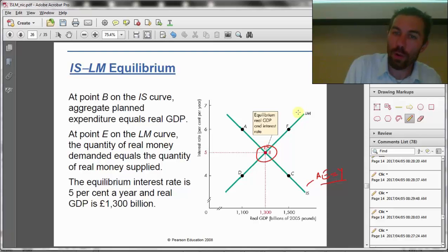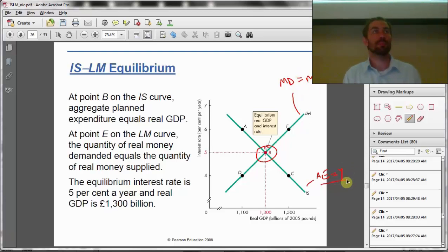Are you happy that all points along the LM curve are points where money demand equals money supply? All points along the LM curve are points of equilibrium in the money market, which means point B is a point of equilibrium in the money market, right? So point B is a point of equilibrium in both the aggregate expenditure model and in the money market model, which means at point B we have equilibrium in both those markets.